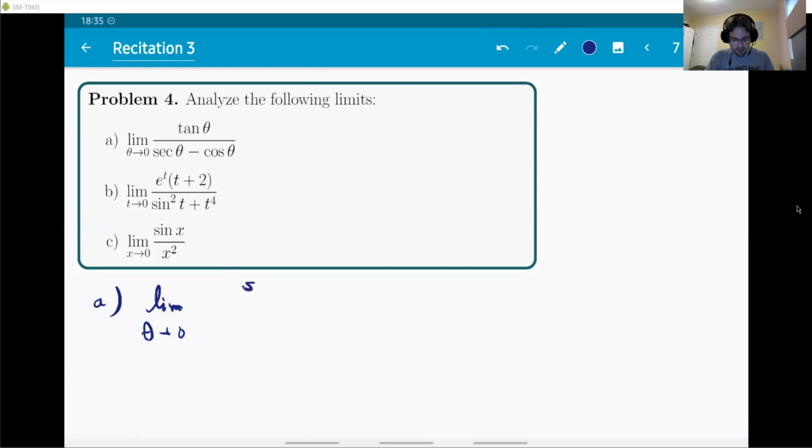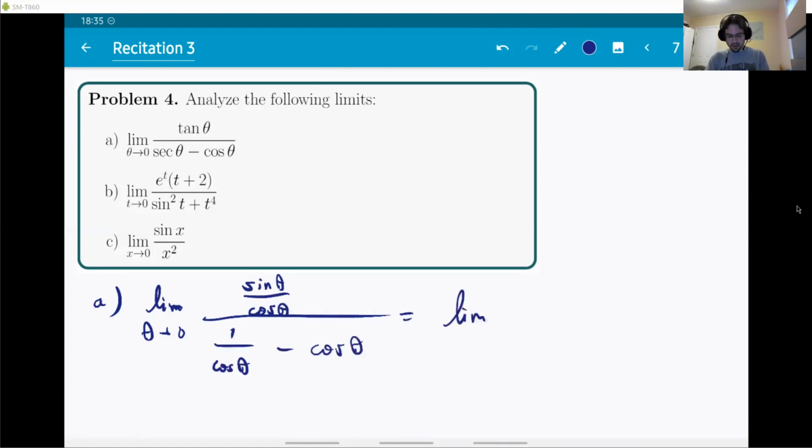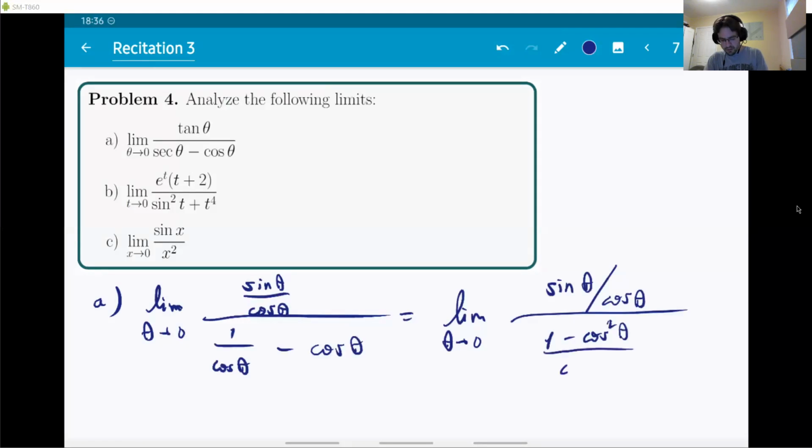Tangent is sine over cosine. Then secant is 1 over cosine. And then cosine is just cosine. Let me try to find a common denominator in the denominator. This will be like 1 minus cosine square divided by cosine.